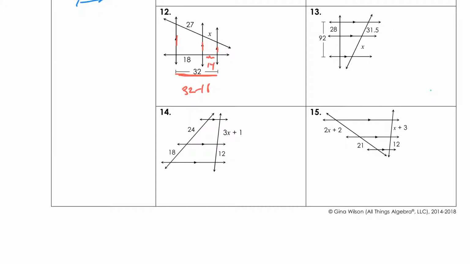So now we have the proportion of 27 over x is equal to 18 over 14. Apologize. My writing is horrible. So that's 18x equals 27 times 14, 378. Divide by 18, x equals 21.